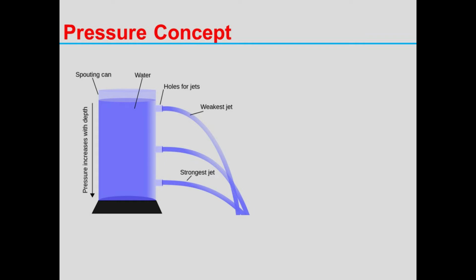As jets are linearly proportional to the pressure, we found that the pressure will increase with depth. So actually the equation for pressure inside the fluid is still using the Pascal principle.